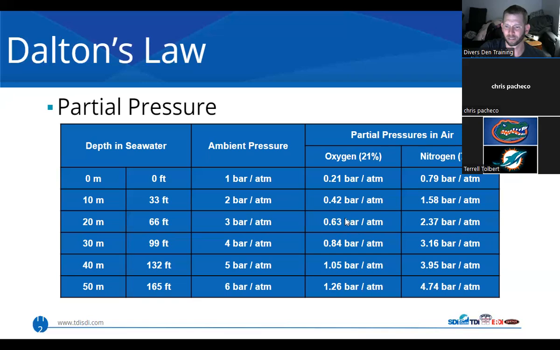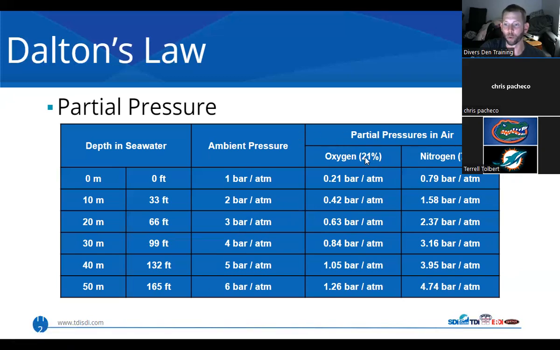Is that right? Yeah, that's right. 0.63 atmospheres, and then 0.84. And you just multiply it by the number of atmospheres, right? And then 0.79 times 2, 0.79 times 3, 0.79 times 4, and so on and so forth, right?